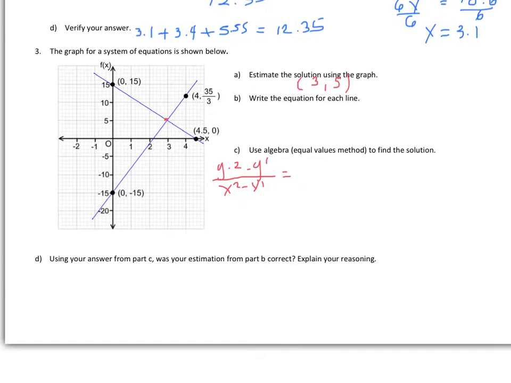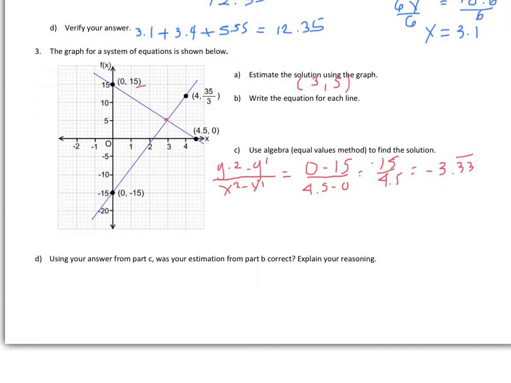And y2 is 0. y1 is, as we see, 15 over x, which is 4.5, minus 0. Well, that's equal to negative 15 over 4.5, or if we're going to use a decimal point, negative 3.33.